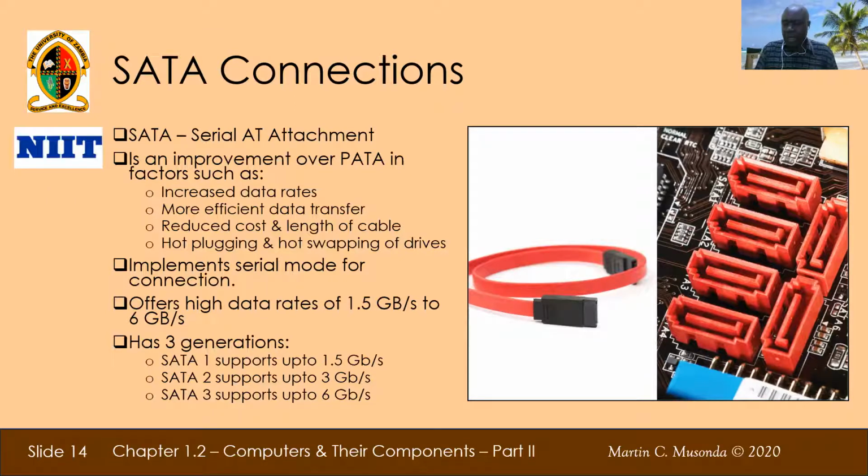And the other feature is that for SATA drives, you can only connect one drive on one cable. They have no provision for configuring one to be master and the other one to be a slave. No, only one drive can connect using one SATA cable.